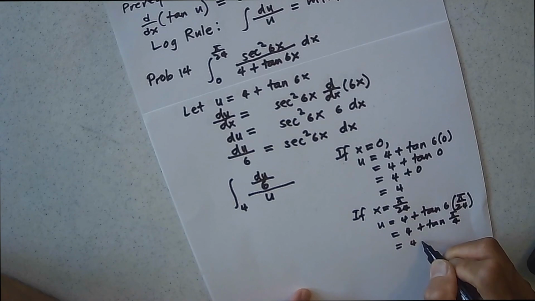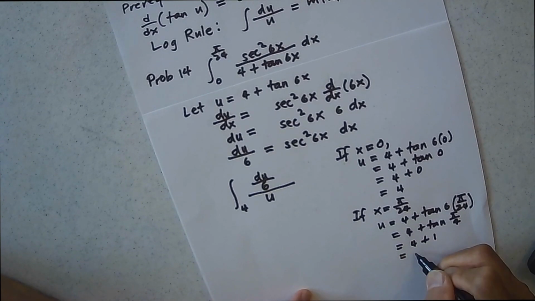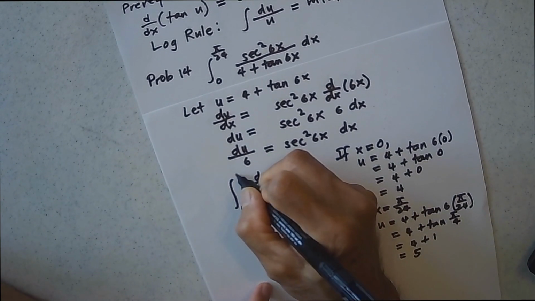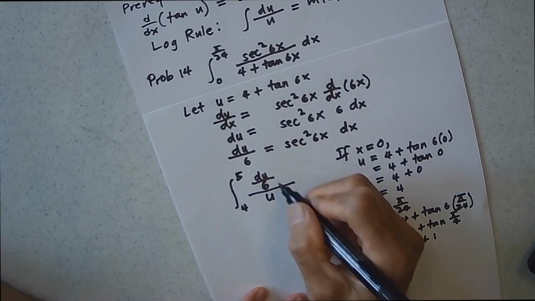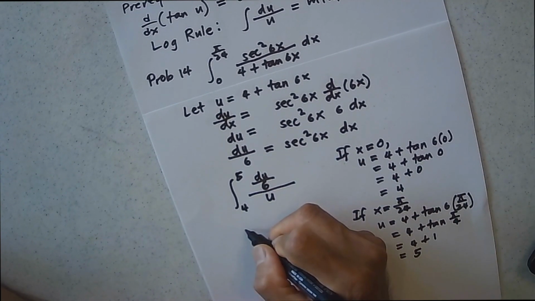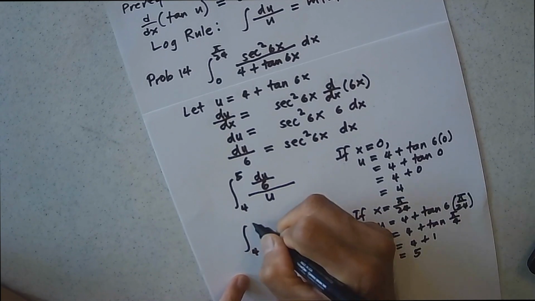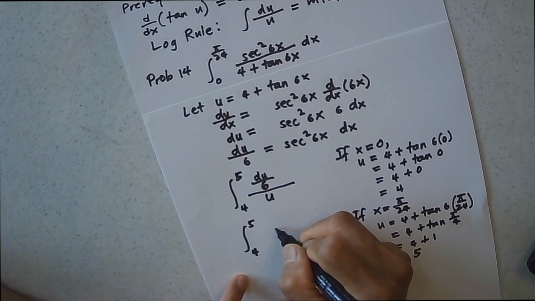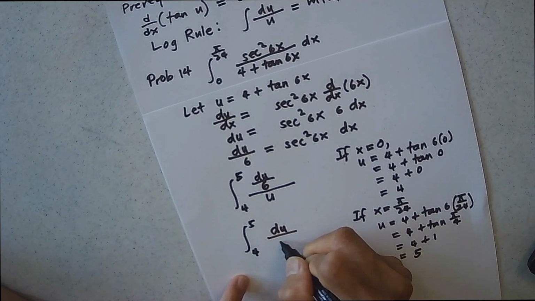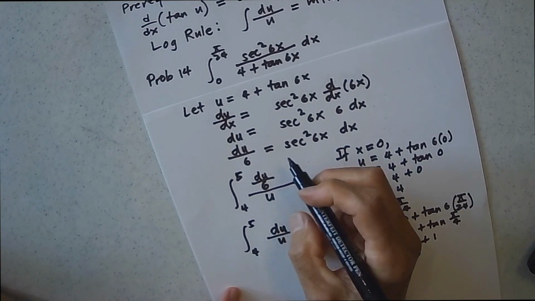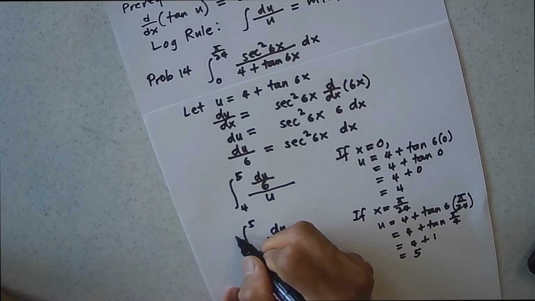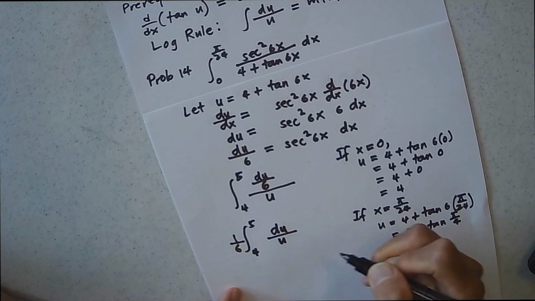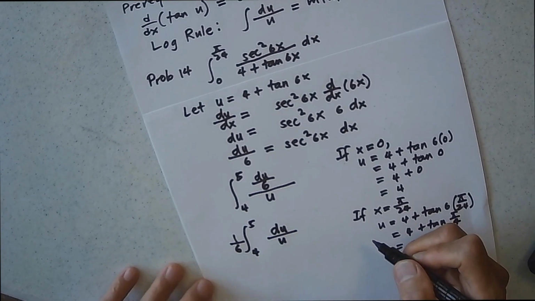Tangent of pi over 4 is 1, and so the limit simply becomes 5. So there you go. We can now rewrite this as the integral from 4 to 5 of du over u. Where will I put the 6? Well, I can pull that out as 1/6 outside. It's a constant, so we can always pull it out.